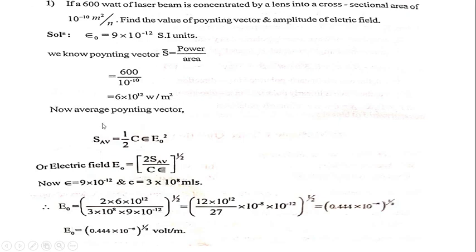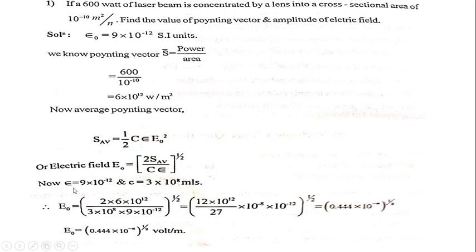Now average Poynting vector, that is S average, equal to half C into epsilon E0 square, or electric field E0 equal to 2 into average Poynting vector upon C into epsilon raised to half.